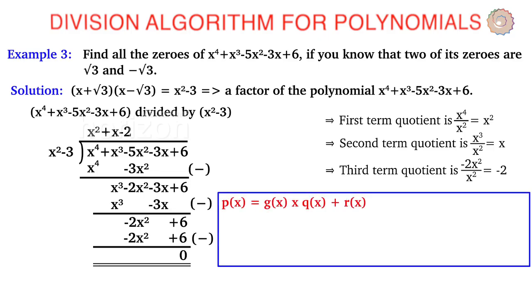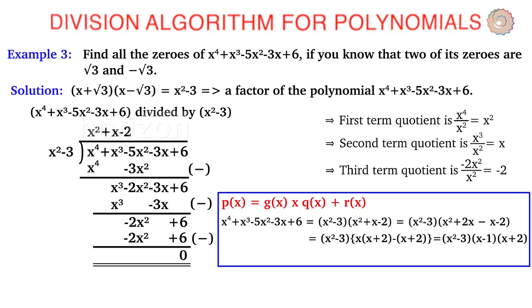Now by division algorithm, p(x) = g(x) q(x) + r(x). Substituting the values, we get x^4 + x^3 - 5x^2 - 3x + 6 = (x^2 - 3)(x^2 + x - 2). Factorizing x^2 + x - 2, we get (x^2 - 3)(x - 1)(x + 2).